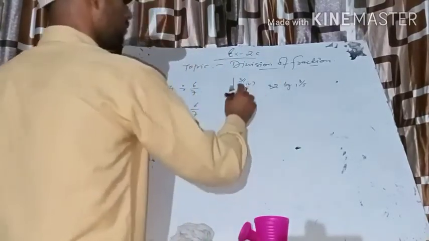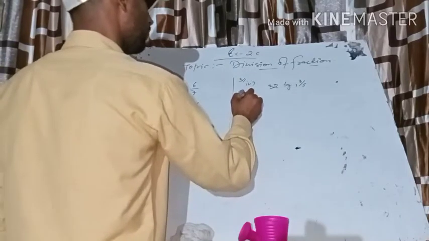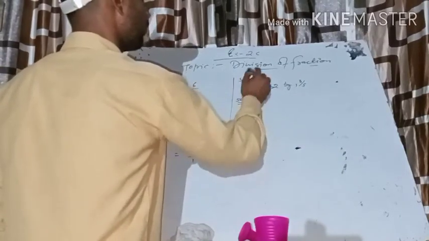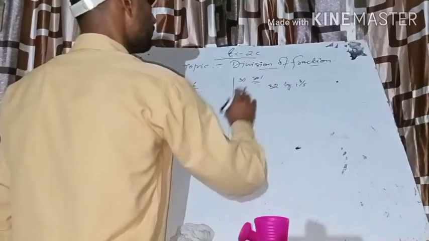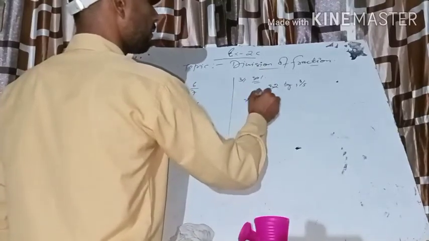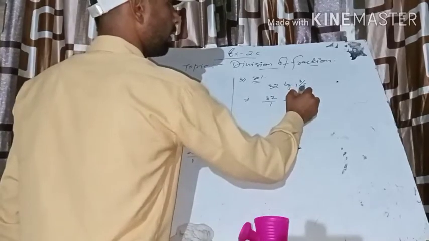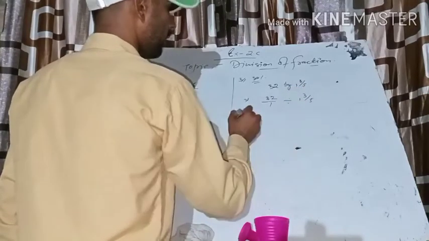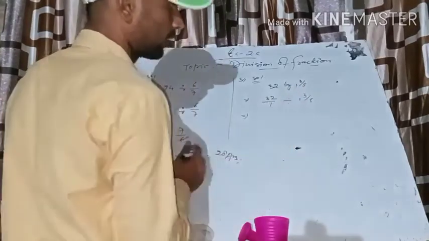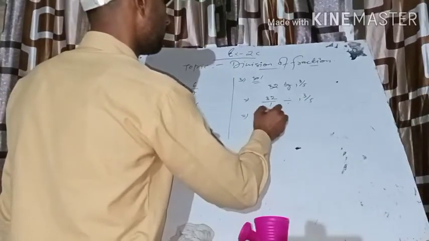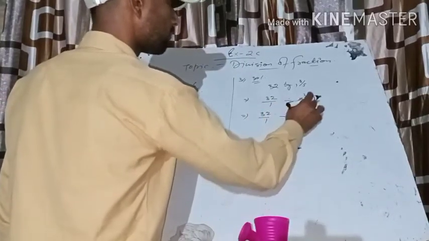So first we will arrange this one. Solution: this implies 32 upon 1 divided by 1 and 3 upon 5. Now convert this mixed fraction into the standard fraction.